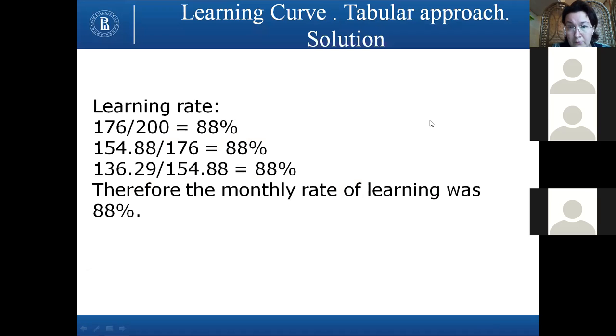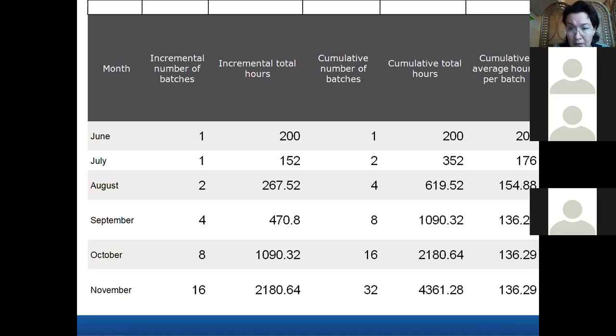Learning rate. We can calculate the learning rate by using the relation between our cumulative average hours per batch in the previous month and in the current month.